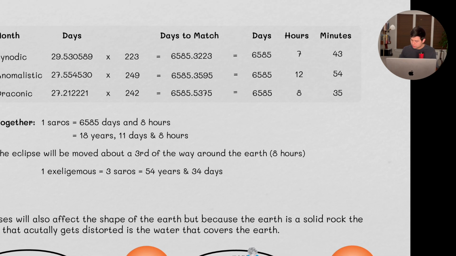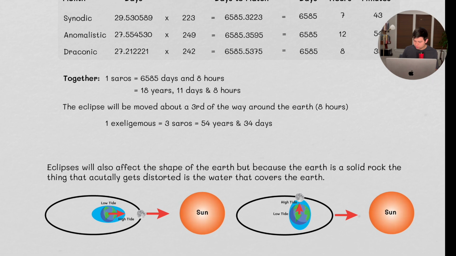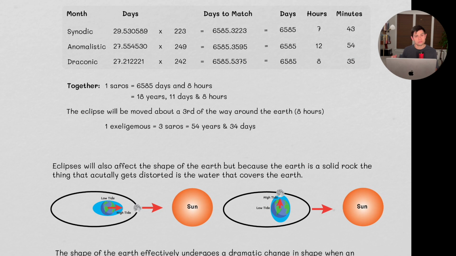And the idea here is that we can convert these into days, hours, and minutes. We don't really care that much about the hours and the minutes, but the important thing here is that it's all around 6,585 days, and together, we'll call that 1 saros.